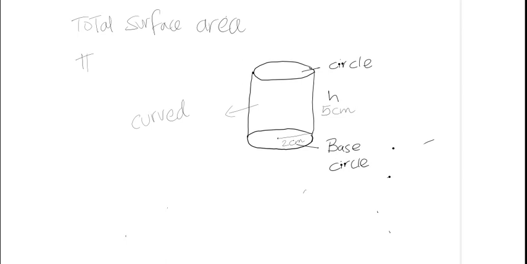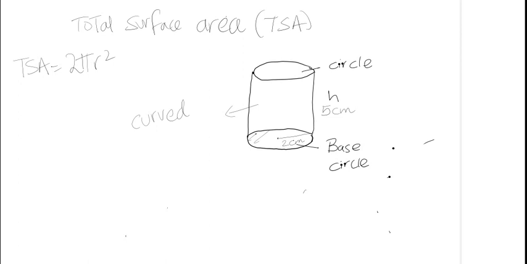So as a formula, TSA, which is total surface area, is pi r squared, but you have pi r squared 2 times because you have two circles. You agree with that? Okay, circle down here, circle on the top here.